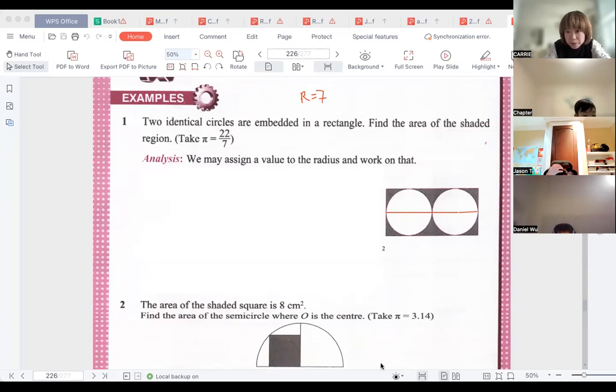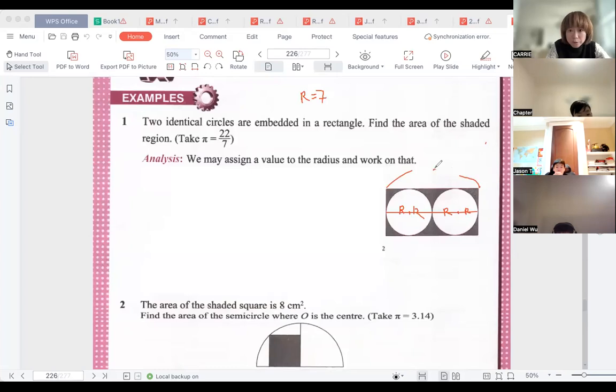Okay, so we have the center of the circle, Chapter. Can you see how many radii there are? Four. Very good, 1, 2, 3, 4. So Chapter, if one radius is 7, then 4 radii is what? 28.